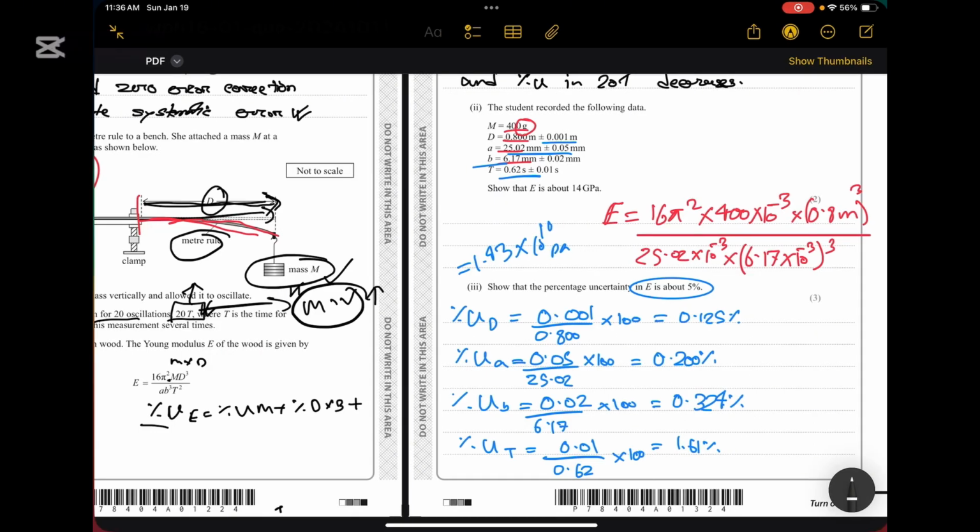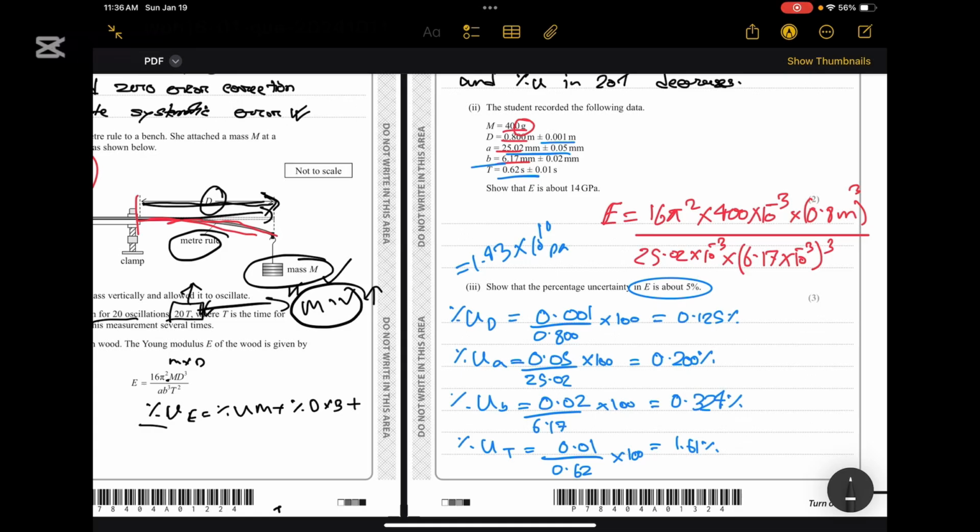All of them are divided, but we will add them, plus percentage uncertainty of A plus 3 into percentage uncertainty of B plus 2 into percentage uncertainty of T. That is how we will do it. So let's add them together.